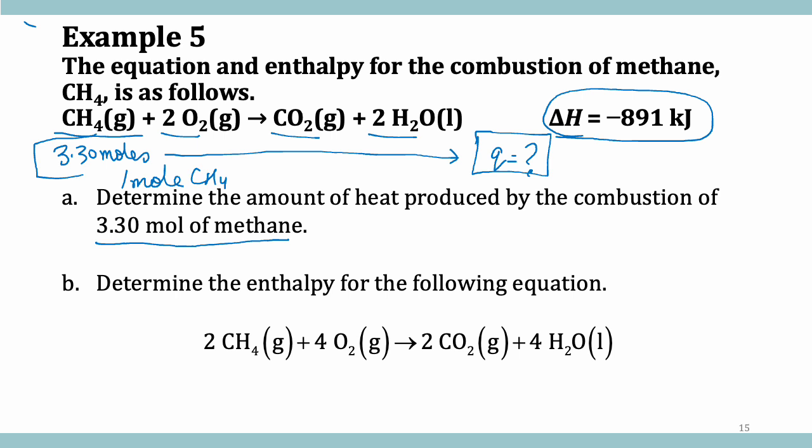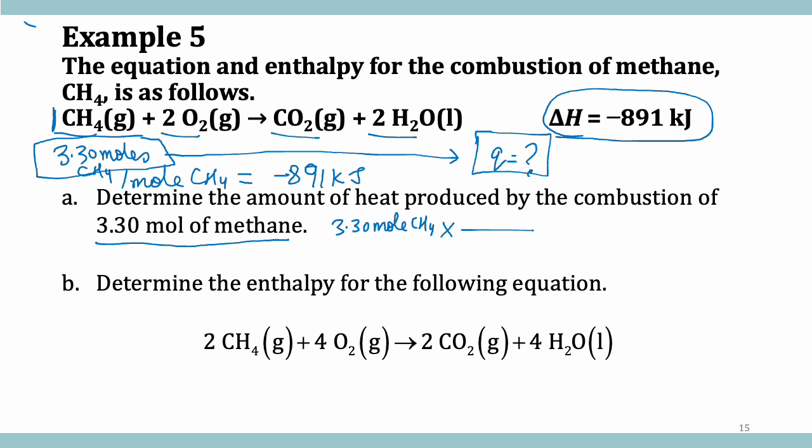What's given to me is moles of CH4. So I need a relationship between moles of CH4 and heat. For every 1 mole of CH4 from the balanced equation, how much heat is released? 891 kilojoules. So if I have 3.30 moles of CH4, we multiply it with a conversion factor.